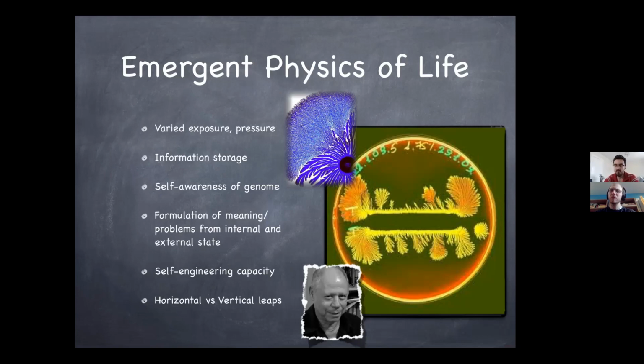This kind of behavior, he posited, requires something called genome learning. You need a spatially and temporally variable environment, the ability to remember the past conditions of the environment, and a self-awareness of the genome structure and its capacity for change.